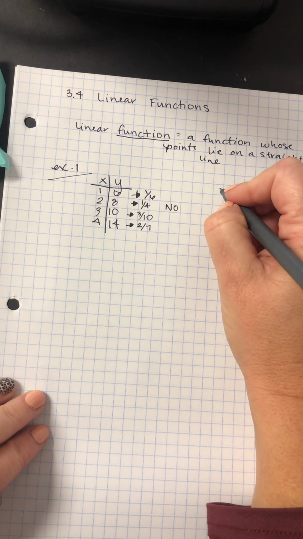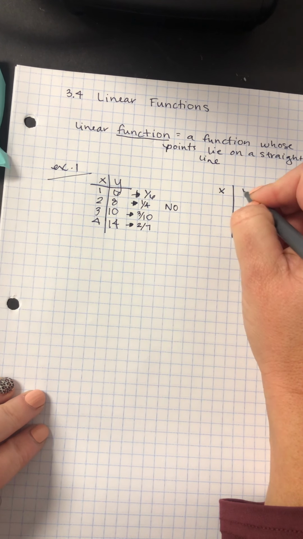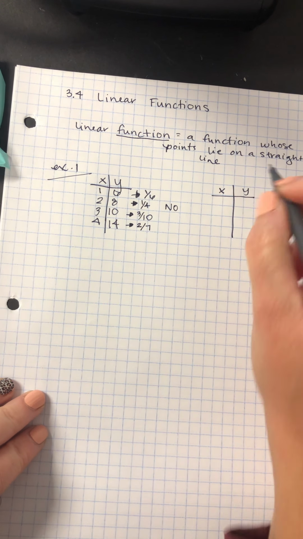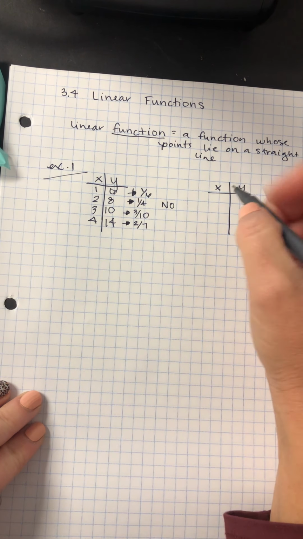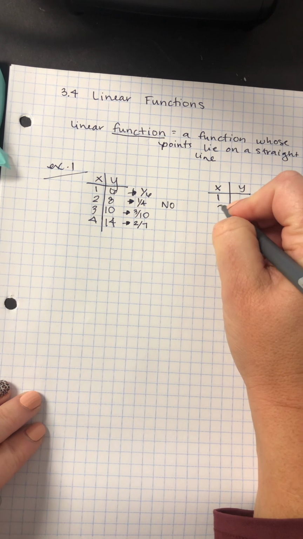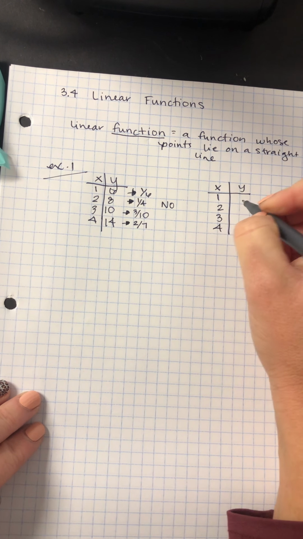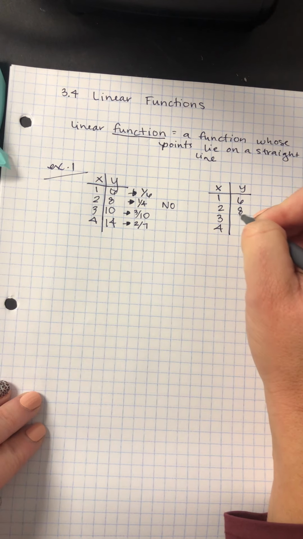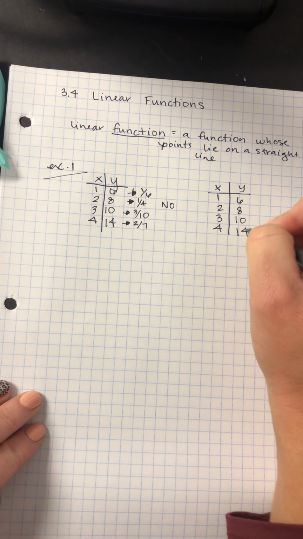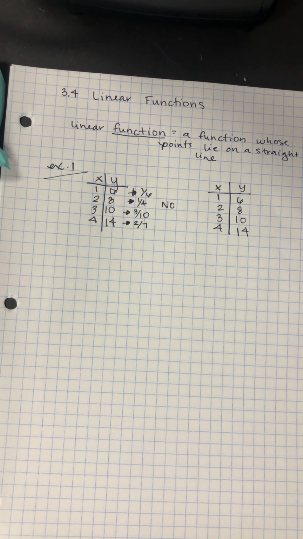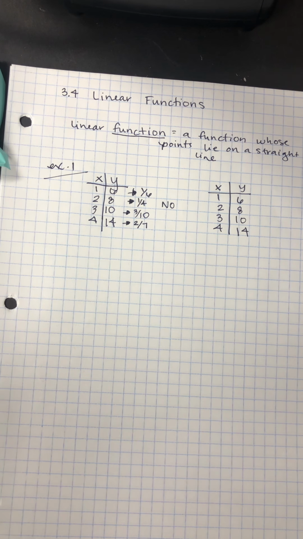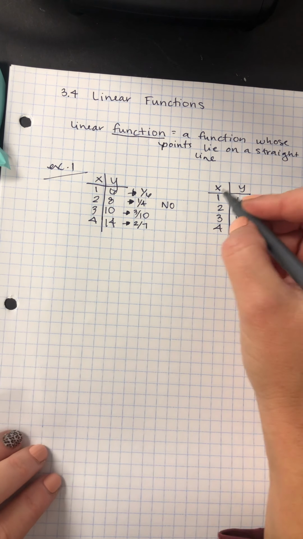Another way to check. So now I'm going to rewrite my table. I'm going to use all the same numbers. Another way to check is to check the change between the x's and the y's. So you have to keep the x's all together, and you have to keep the y's all together.